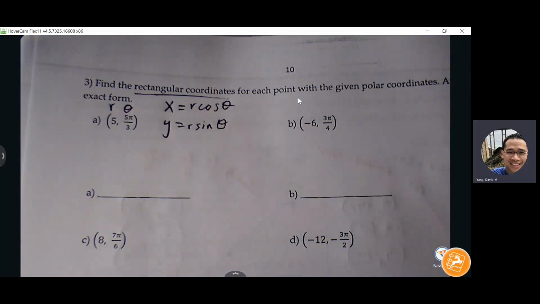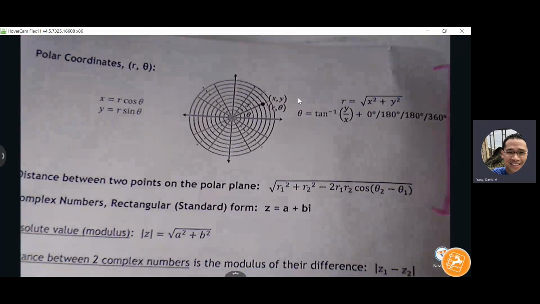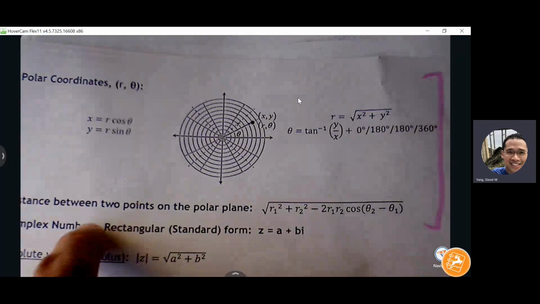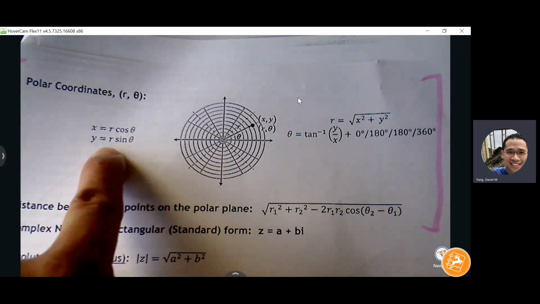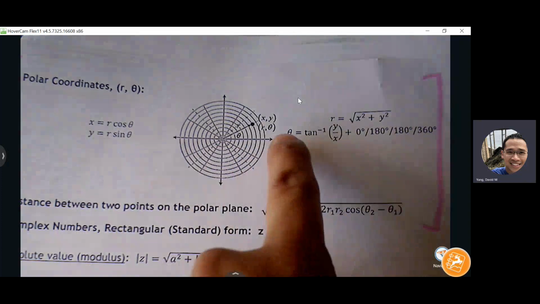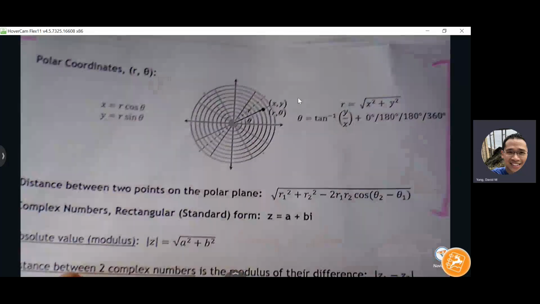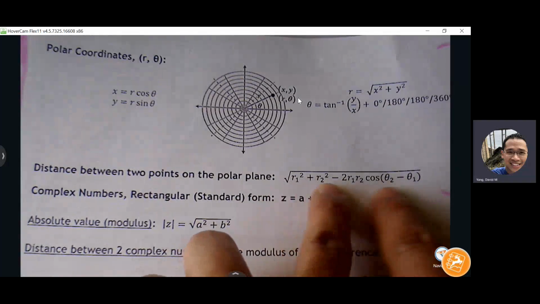And also, if you look on your calendar, the top third of the page is basically what you're responsible for: converting from polar to rectangular, and also converting from rectangular to polar using the Pythagorean theorem and inverse tangent. And then I'll give you the distance formula.